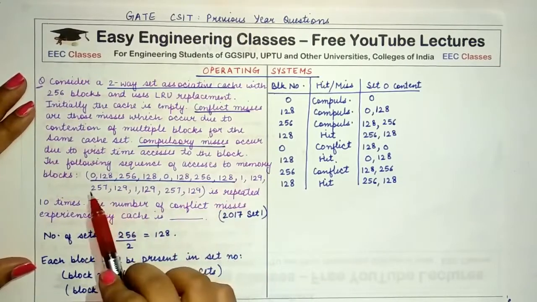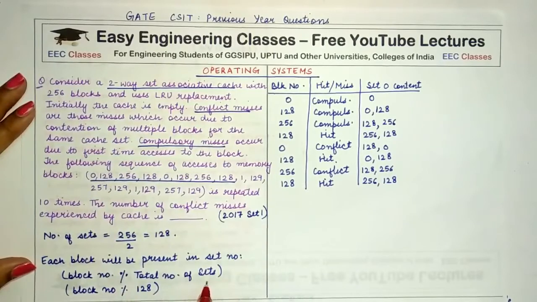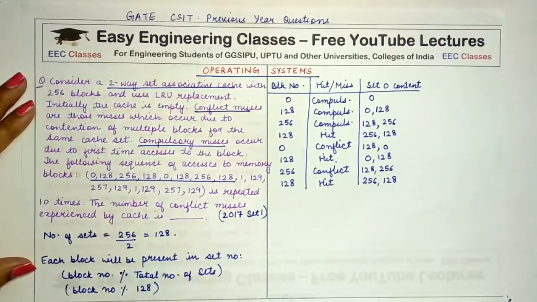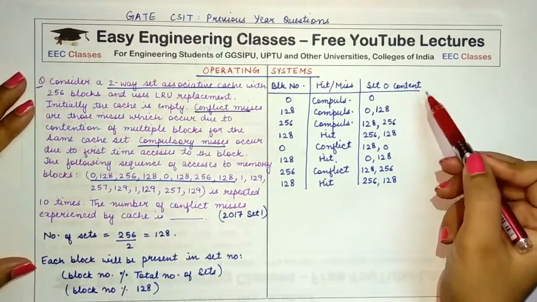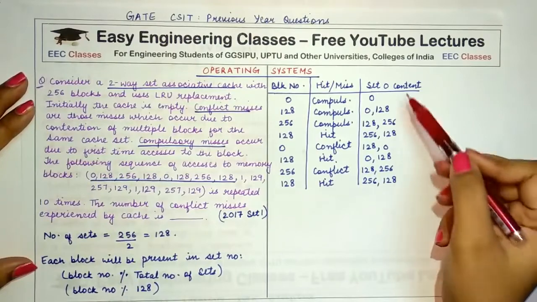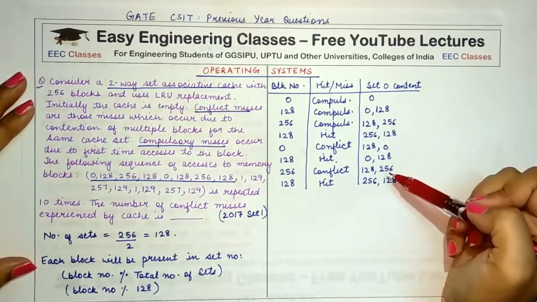Similarly for 1 and 257, when we do modulo with 128, it would give you 1. So set 1 would look similar to the manner that is represented here.